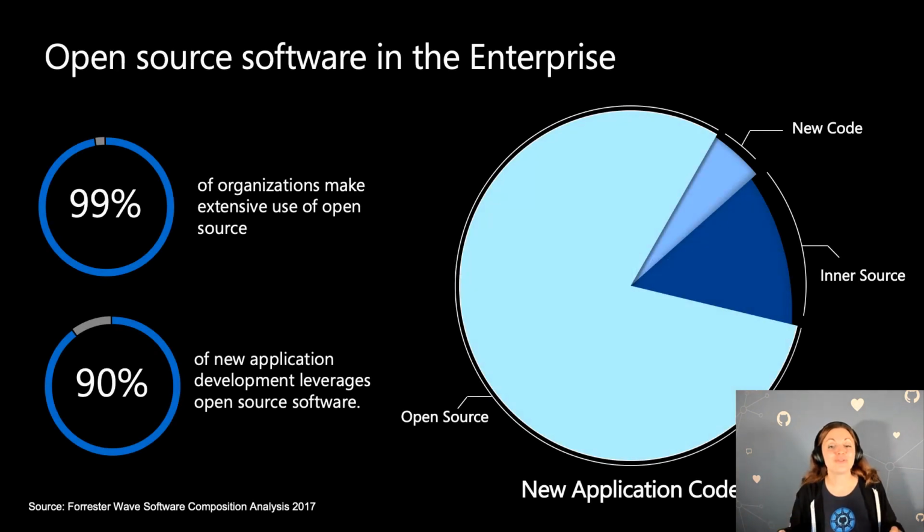We know from software composition analysis that 99% of all organizations on the globe make extensive use of open source. And actually, we also know that most of the code that is shipped in your apps is not written by you. Only about 10% of your code is your new code, your business logic. Everything else is coming from the open source packages that you consume.